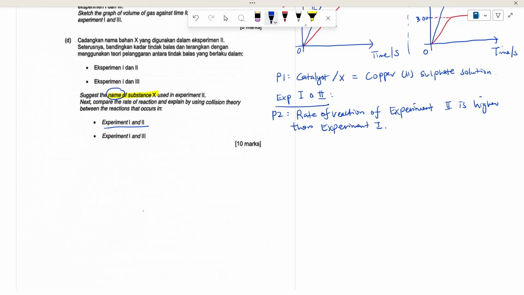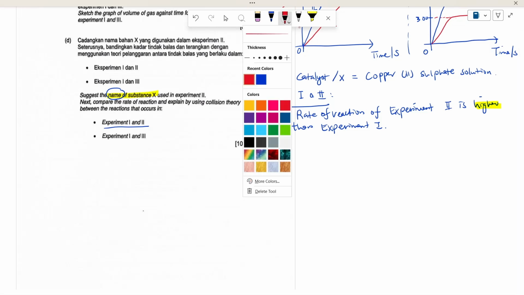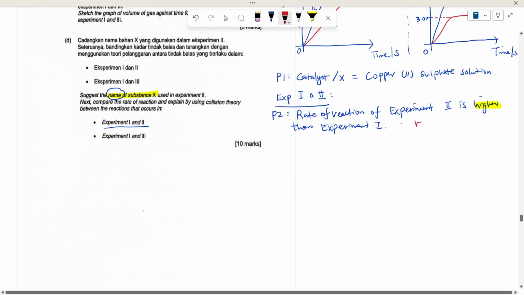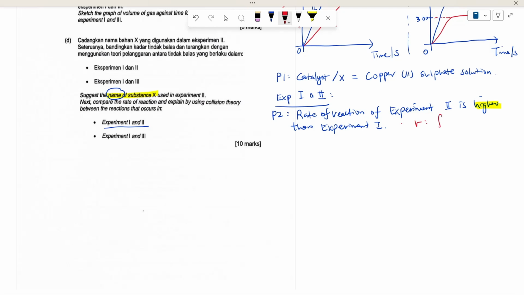Be careful, you must use the word higher. Reject the word faster; you cannot say the rate of reaction is faster.